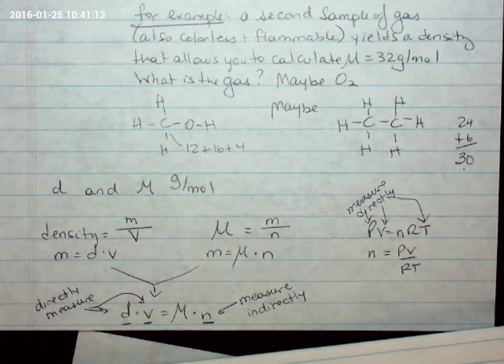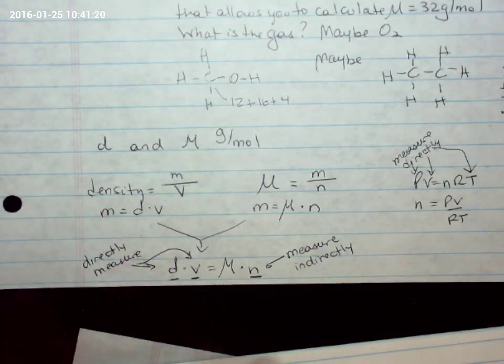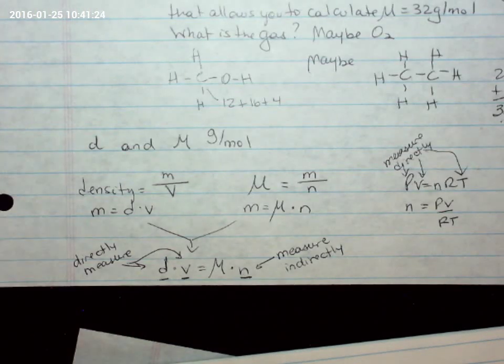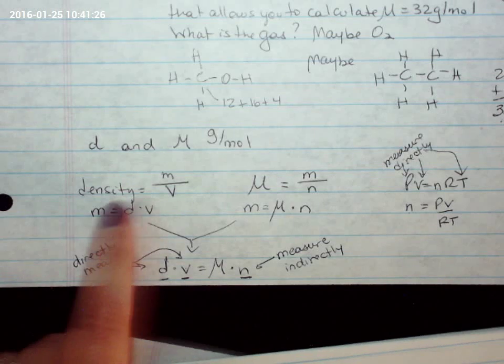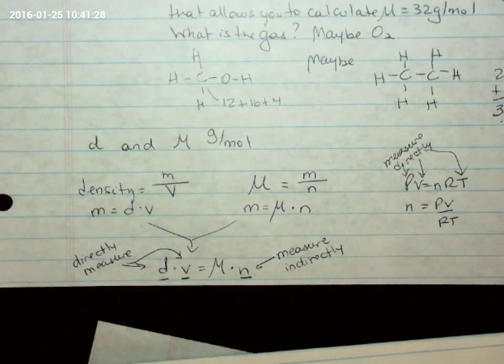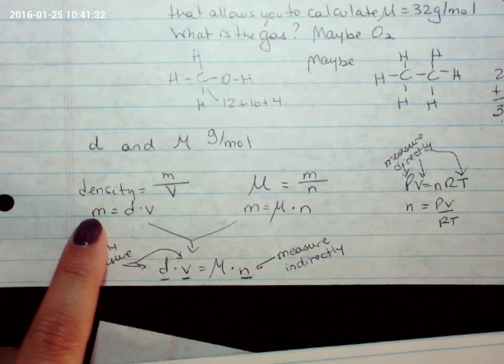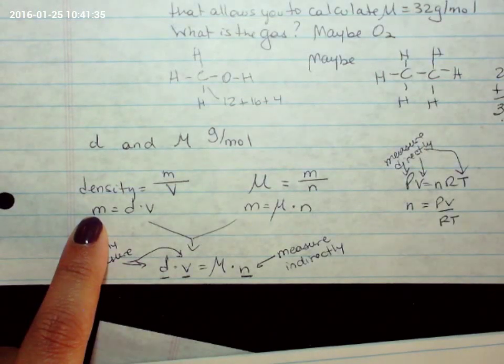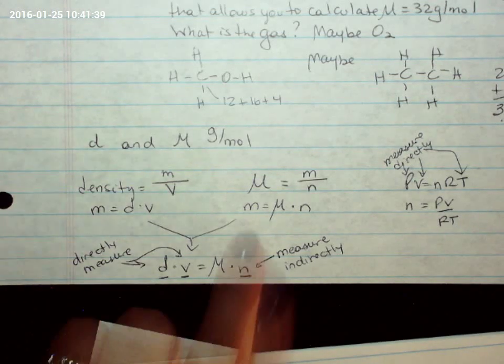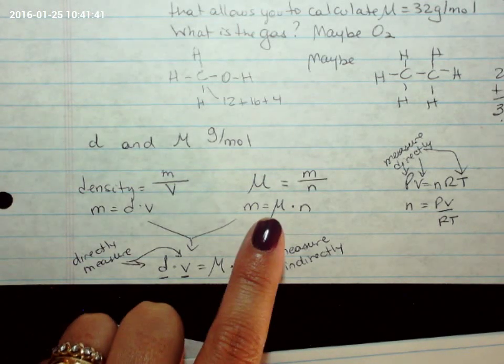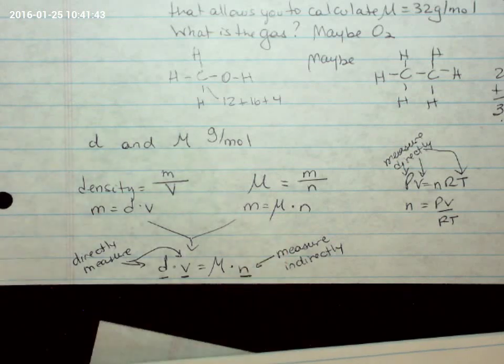How do we calculate molar mass from density? Well, we could write this down. If you know that density is mass over volume, you could rearrange the density formula solving for mass. So what's mass equal to? Density times volume. Molar mass: what are the units for molar mass, like when I calculate molar mass off the periodic table?